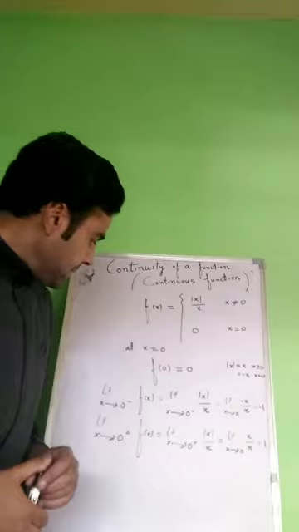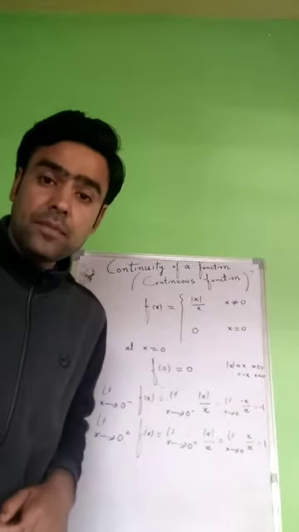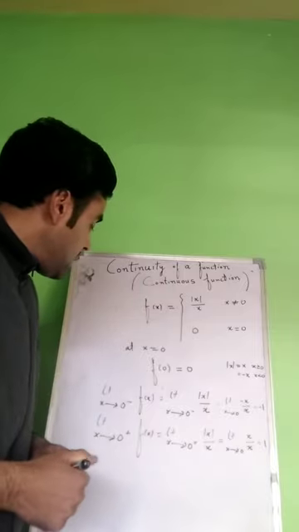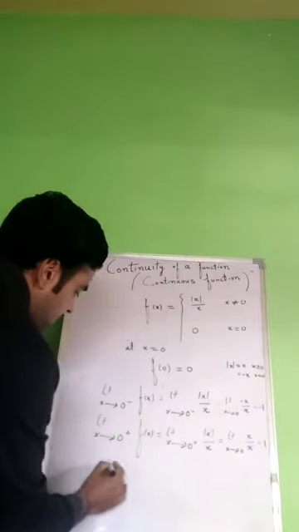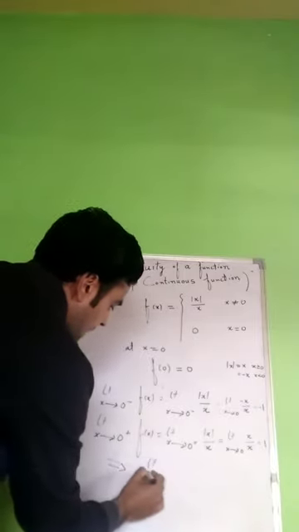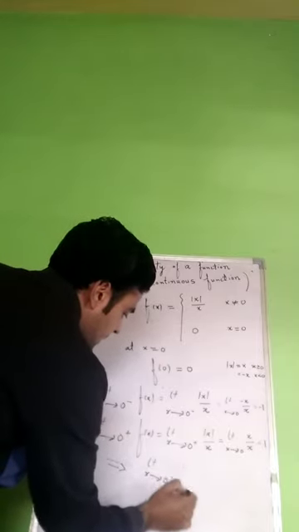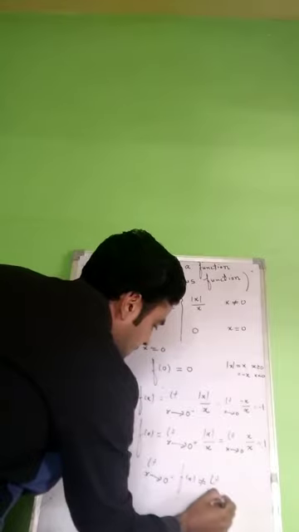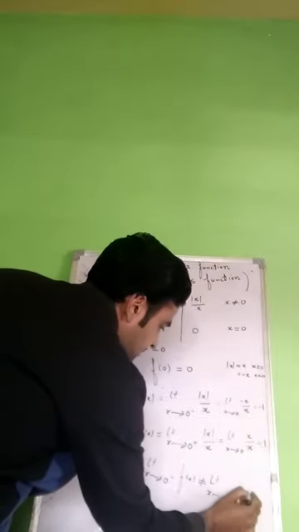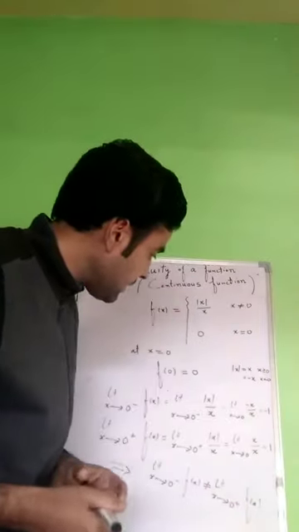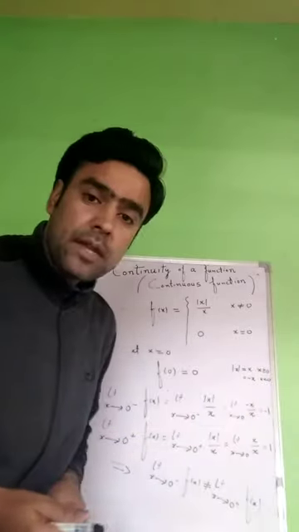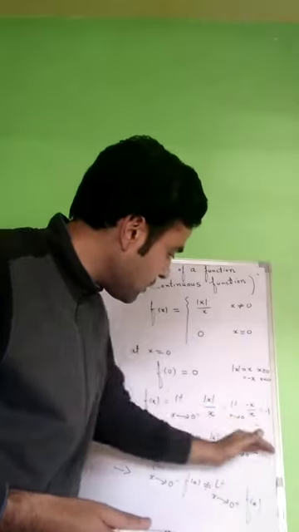Now this shows that our left hand limit and right hand limit are not equal. So limit x tends to 0 minus f(x) is not equal to limit x tends to 0 plus f(x). Here, the left hand limit exists and is equal to minus 1, and the right hand limit exists and is equal to plus 1.